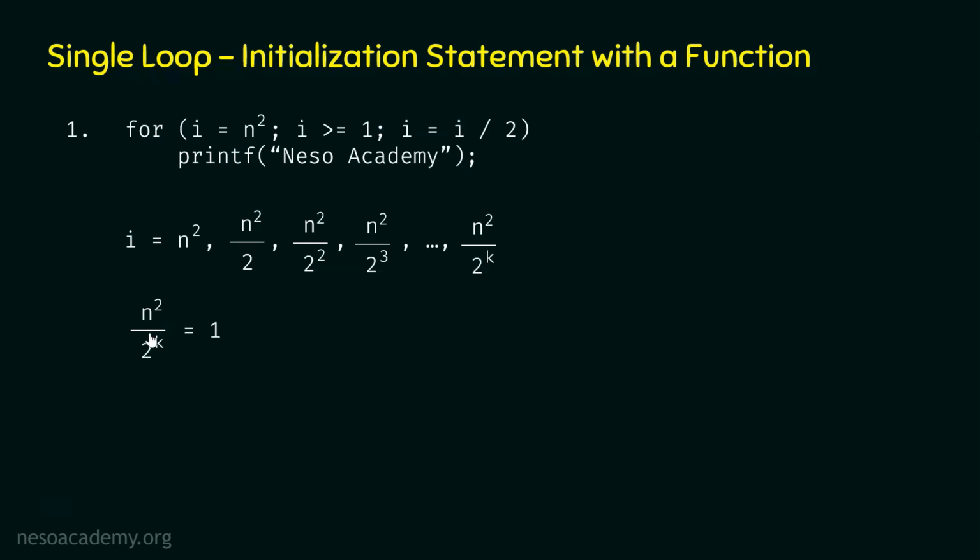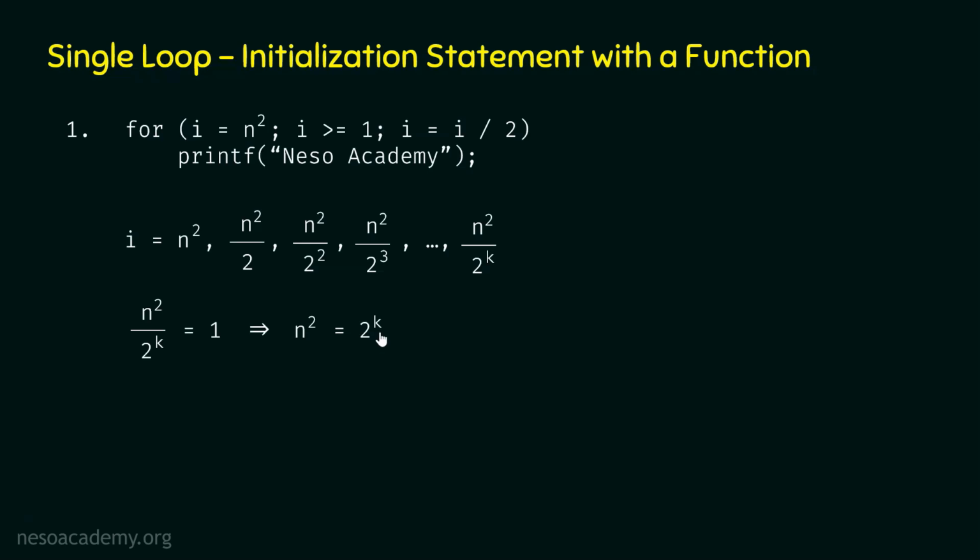We can multiply LHS and RHS by 2 power k. This will remove 2 power k from the denominator in the LHS. And we will get n square in the LHS. And here in the RHS, we will get 2 power k. So we can rewrite this equation as n square equal to 2 power k.